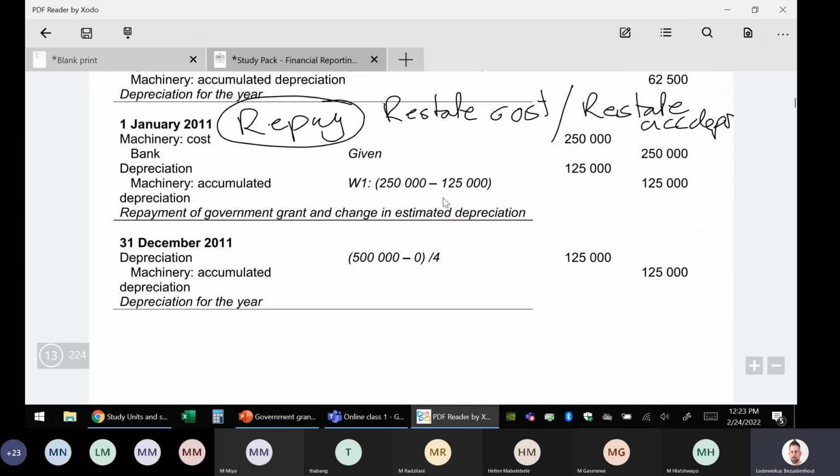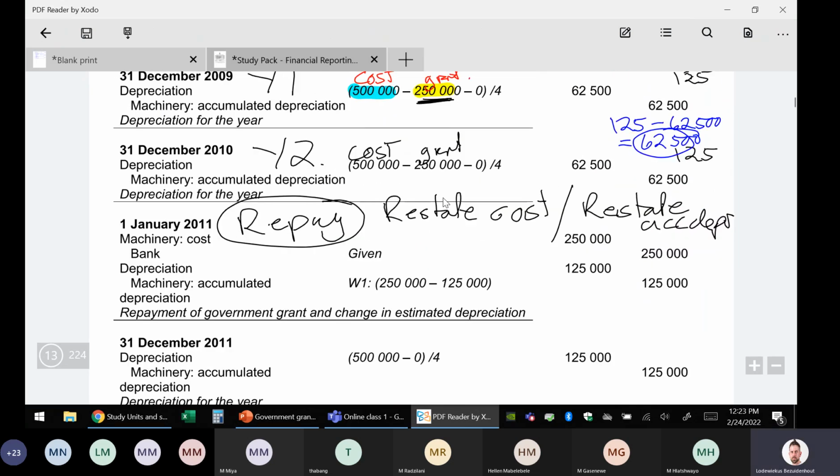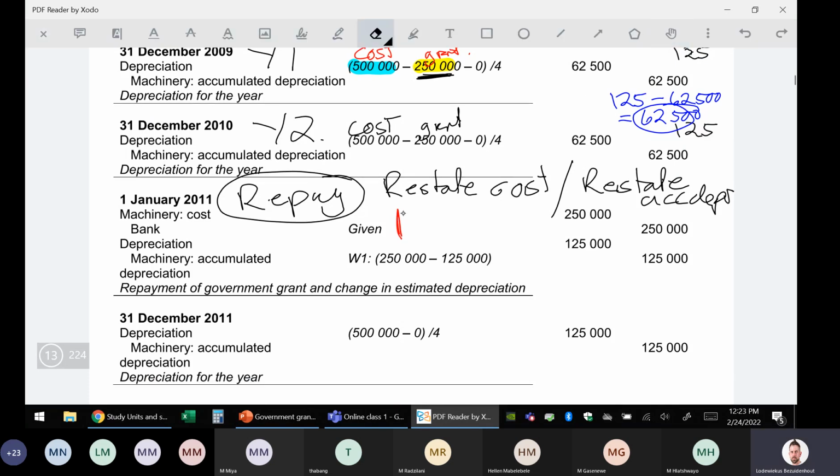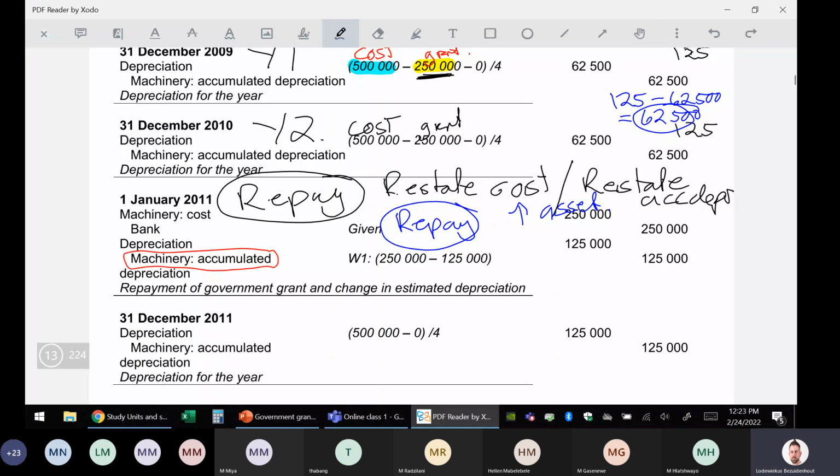Okay, so if you look at the journal entries here, that first one, let me rather use a different color, because that was the restatement color. That is the repayment. Increase the value of the asset with 250 and credit the bank with 250. Then we have to restate the accumulated depreciation and show accumulated depreciation as what it should have been if there was no government grant deducted from the cost previously.